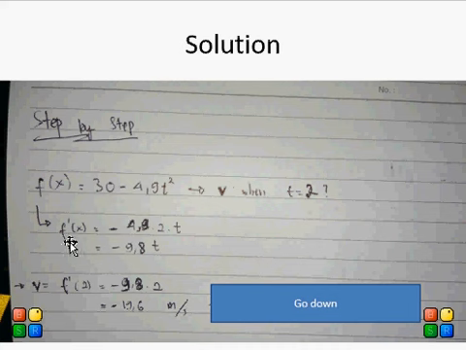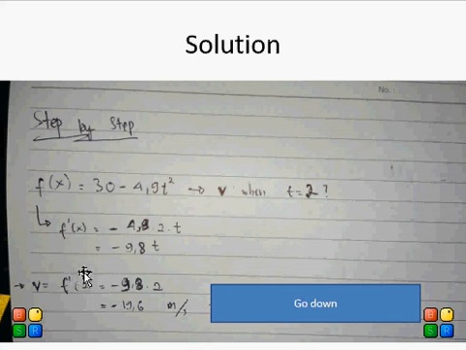We already got the first differentiated function f'(t), and then just input 2 to the t. Sorry, I mean this x should be t. I'm sorry for the mistake.